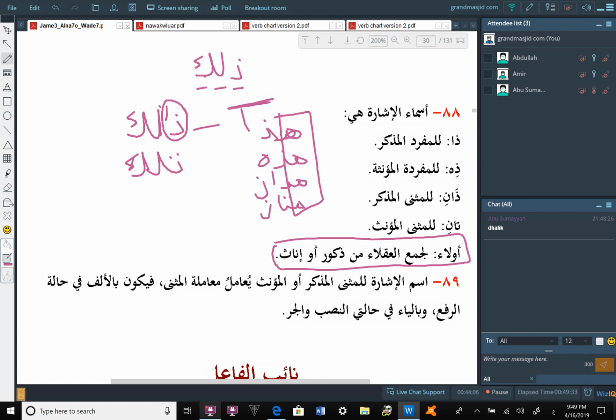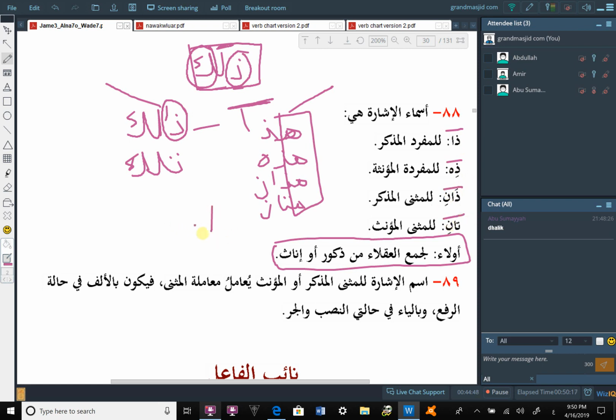The dha is the ismul ishara. The lam is for something further away, because this is for something close and this is for something far. The kaf is for the one you're talking to. But for our purposes, dhalika is just one word. Dhalika and hada are the same, and the true ismul ishara is dha, dhi, dhan, and tan.